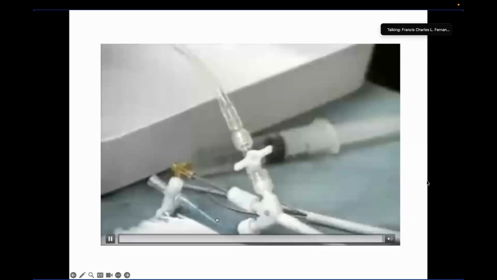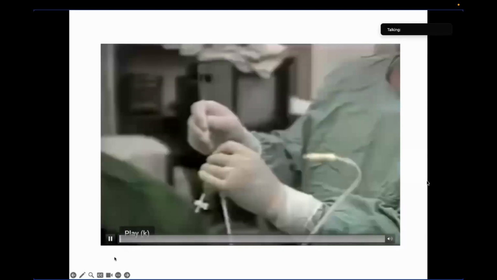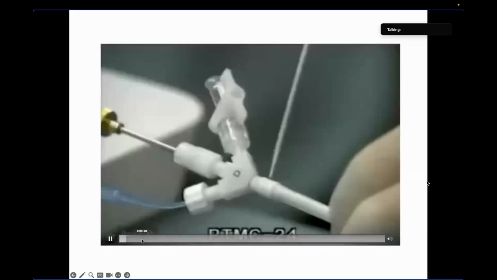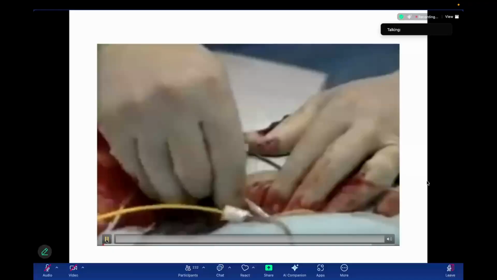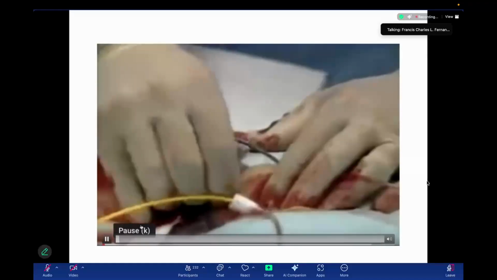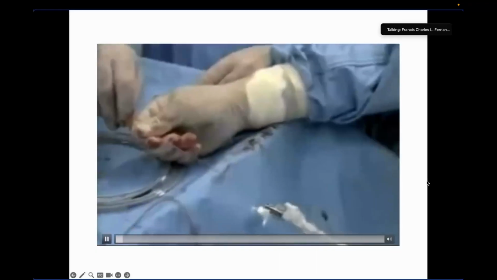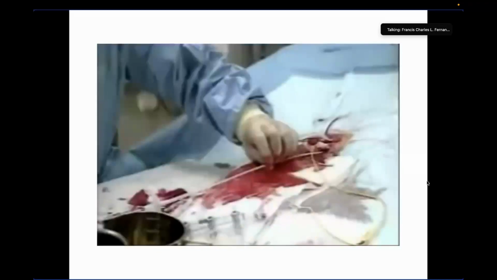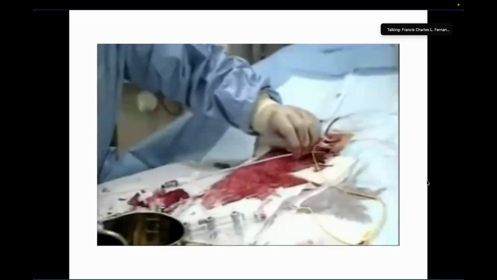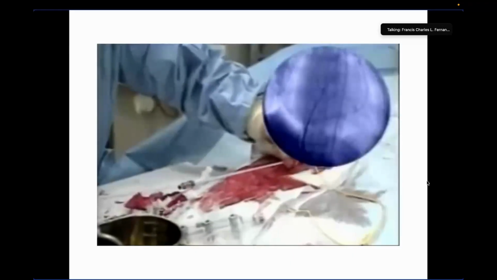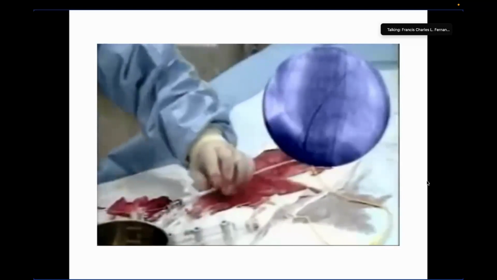And then, once that is prepared, the access is through the femoral vein, and then it is slid over the guide wire into the interatrial septum, and then it is now punctured.